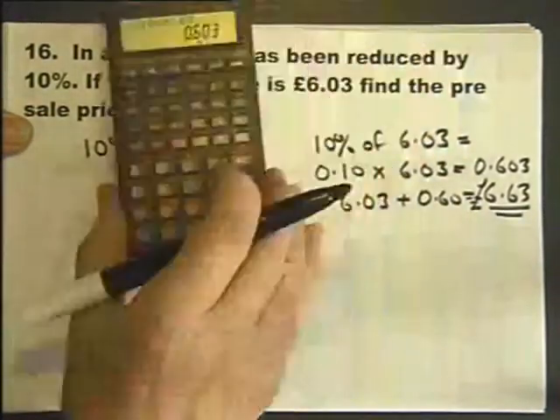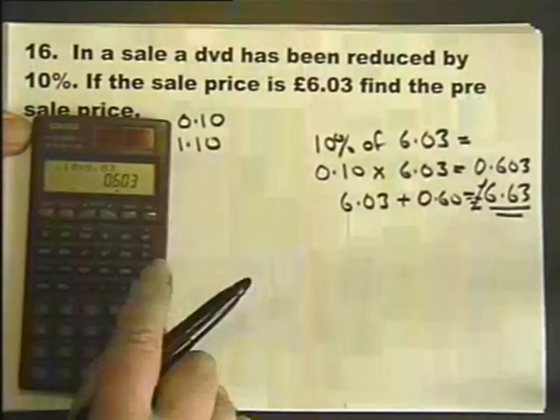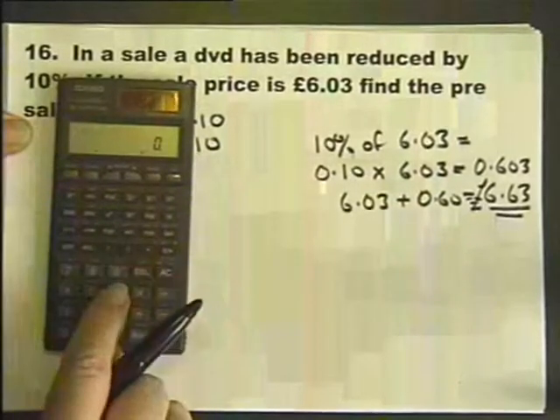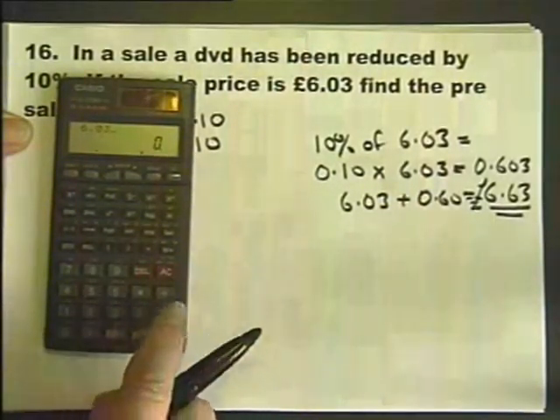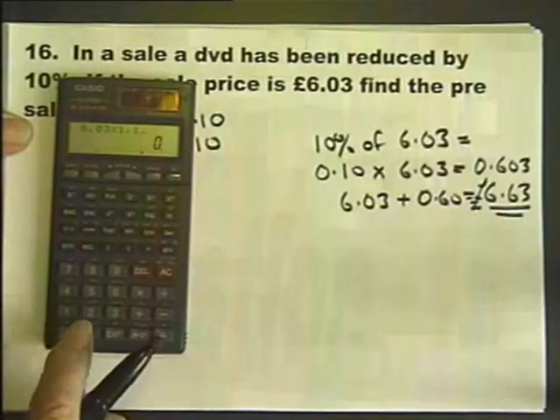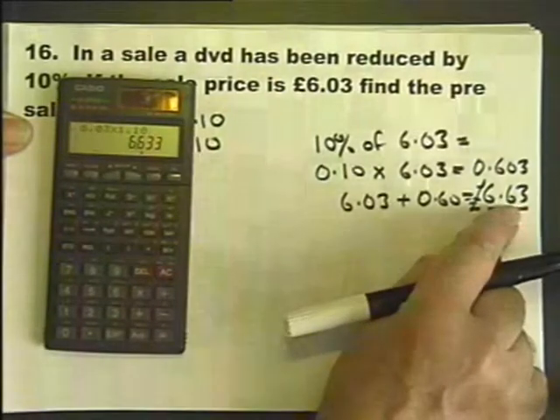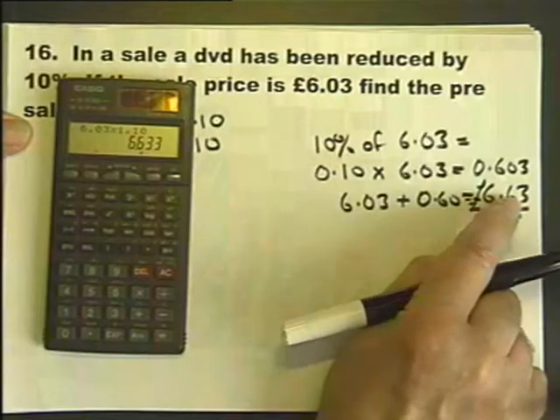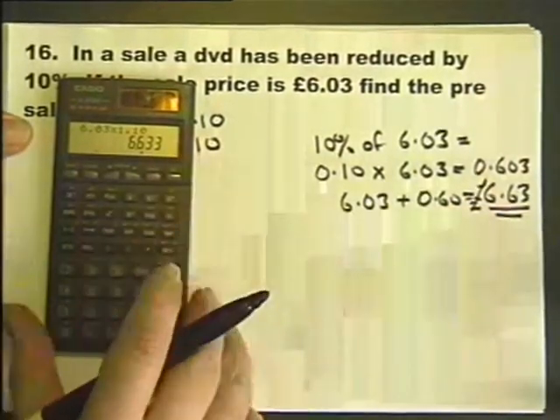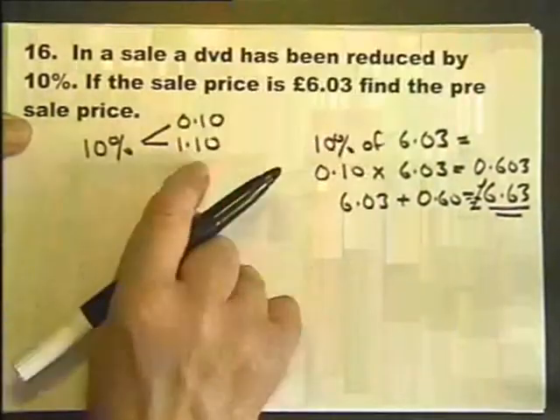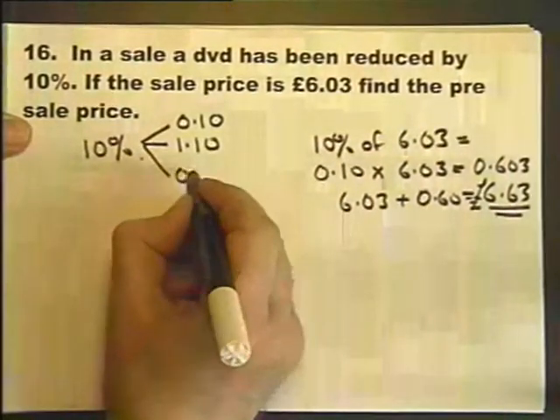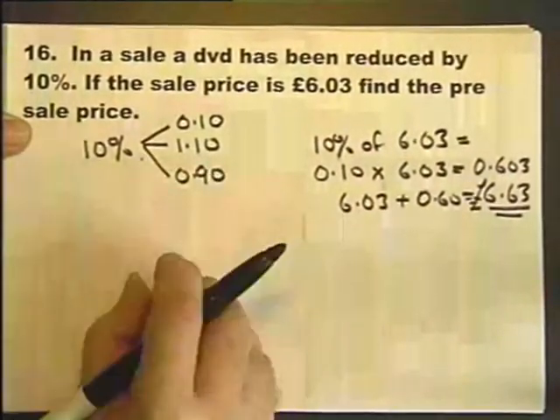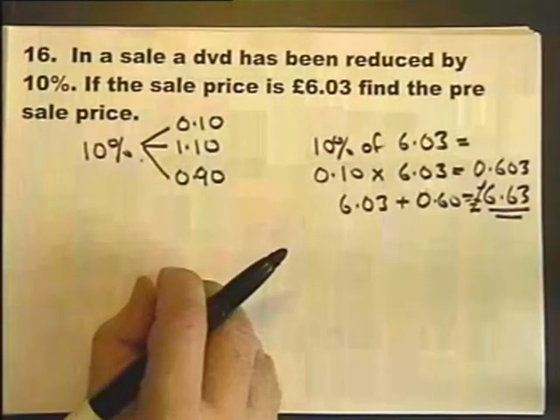So, okay, let's just try that for a minute. £6.03 multiplied by 1.10. It gets me that answer straight away, 6.633, which I ignored. So that will work out 10% and add it on. However, if you multiply by 0.90, it will work out 10% and take it off.